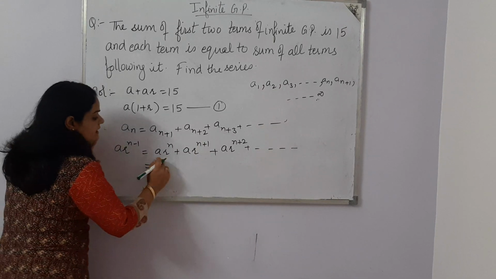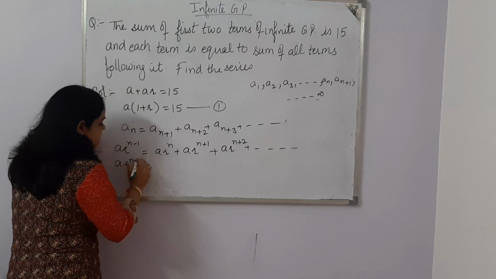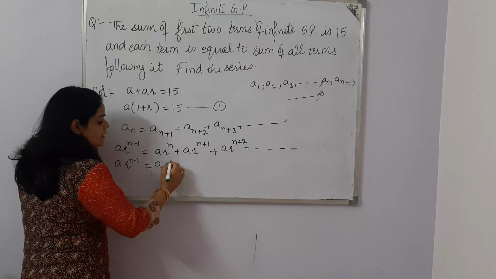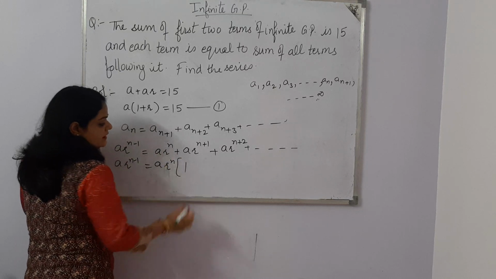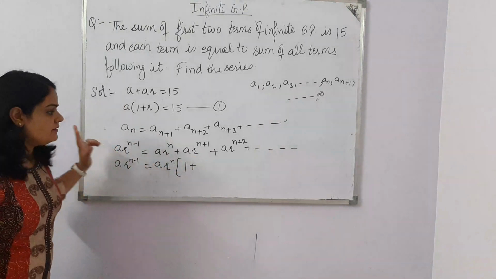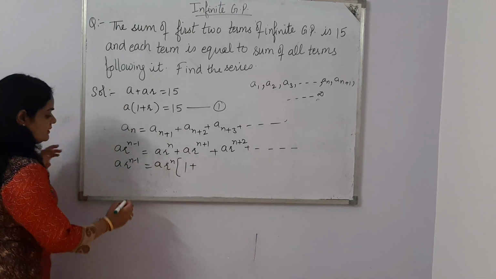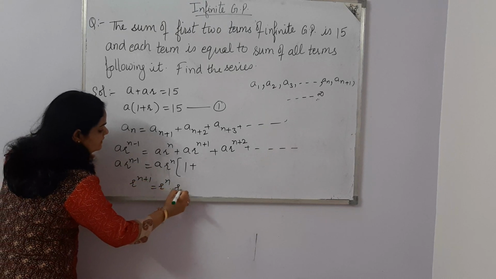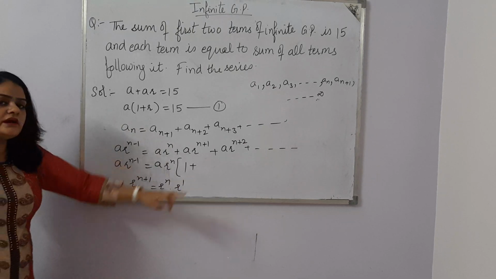Now, can I take A as common? After taking A, and R to power n as common, here it is 1. Then R to power n plus 1. Can I write R to power n plus 1 equals R to power n into R to power 1?